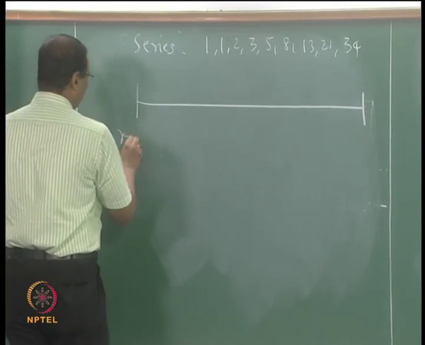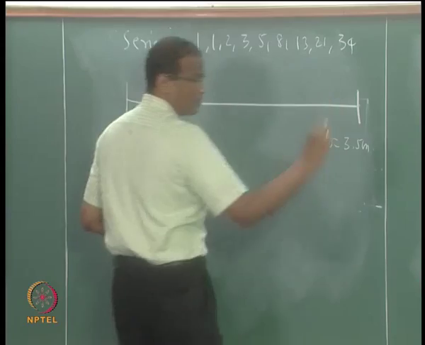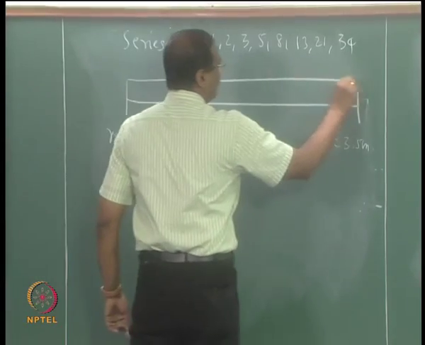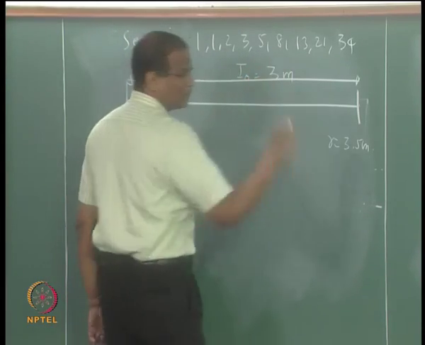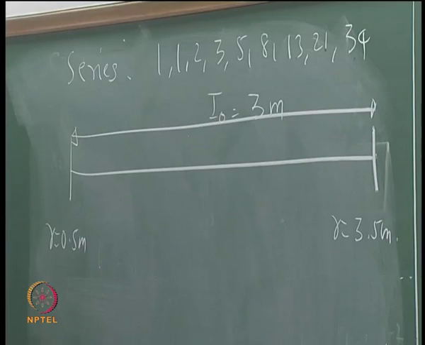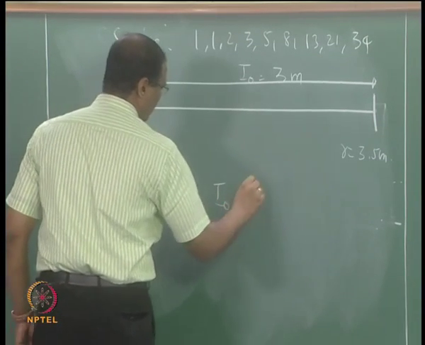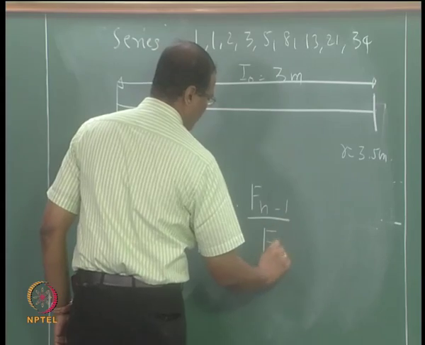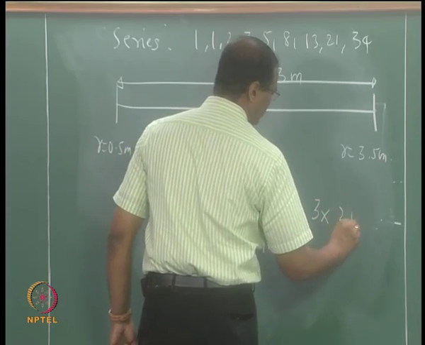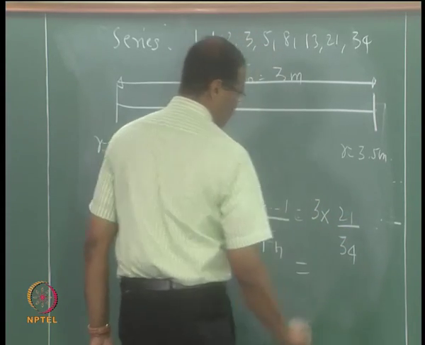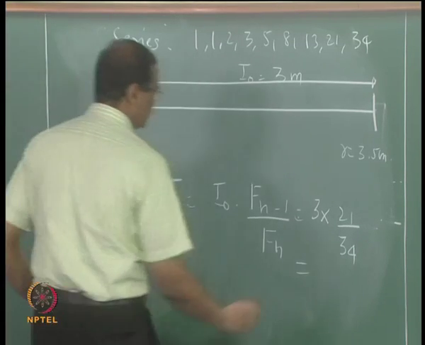So r equal to 0.5 meter, r equal to 3.5 meter, I naught equal to 3 meters, I1, how much is this? 1.85, okay.